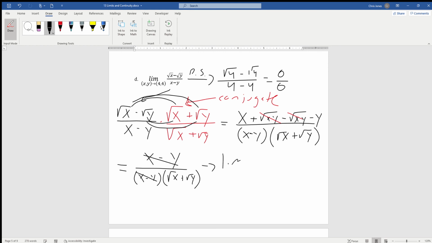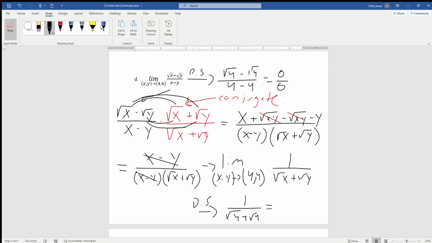So now this turns into the limit as (x, y) approaches (4, 4) of 1 over root x plus root y. Or in other words, by direct substitution, that's going to be 1 over root 4 plus root 4. 2 plus 2 is 4, so we end up with 1/4.